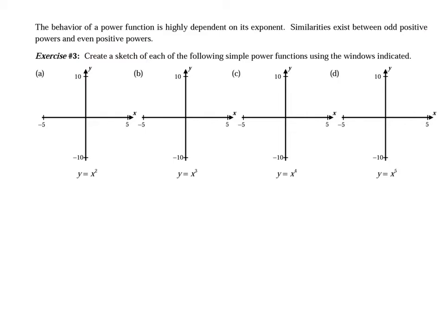You can just go zoom standard, and I want you to neatly sketch the 4 following functions in your notebook. I want to see x squared, x cubed, x to the 4th, and x to the 5th. These are all power functions. They all have a value of 1, and their b value increases gradually. So go ahead and sketch those as carefully as you can, and then come on back, see if you and I have the same picture, and we'll put on our detective hats and see what they have in common.